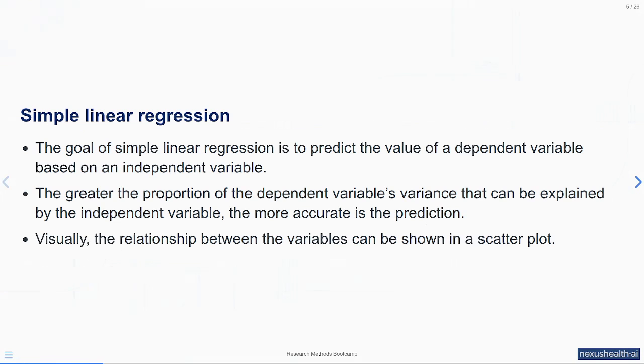The goal of simple linear regression is to predict the value of a dependent variable based on an independent variable. The greater the proportion of the dependent variable's variance that can be explained by the independent variable, the more accurate is the prediction. Visually, the relationship between the variables can be shown in a scatter plot.